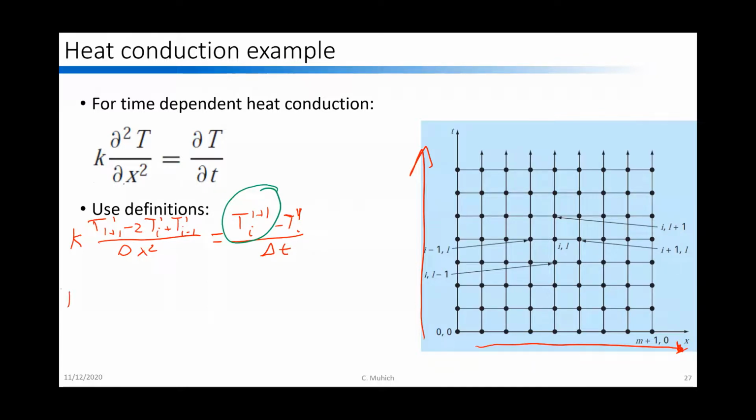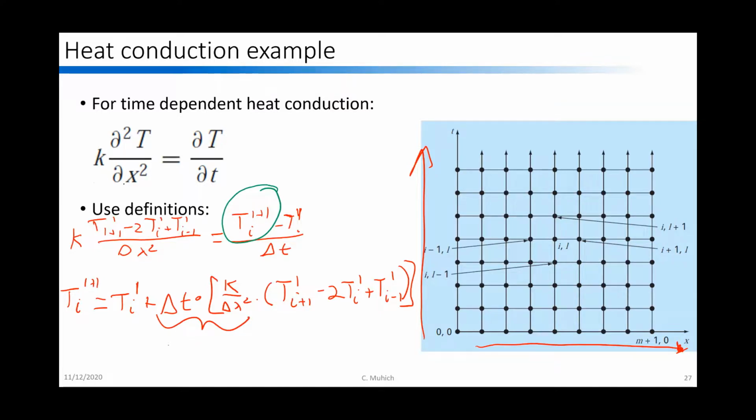So when I do this, we get T_i at time L plus 1 is equal to T_i at L plus delta t times k over delta x squared times T_{i+1} at L minus 2 T_i at L plus T_{i-1} at L. Okay, and I can simplify this a little bit further by lumping all of these terms together, and we can call this lambda to be k delta t divided by delta x squared, just so I don't have to keep writing all these constants out.